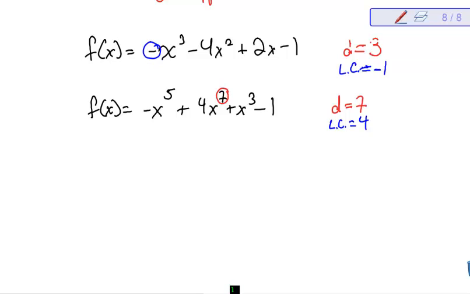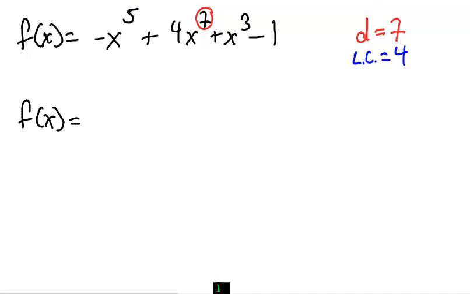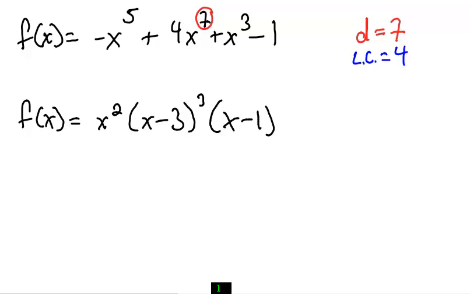Look at if I have f of x equals x squared times (x minus 3) raised to the 3rd power times (x minus 1). Here we have to be careful. This one is not FOILed out, it's not multiplied out, so we can't look at just our largest exponent.